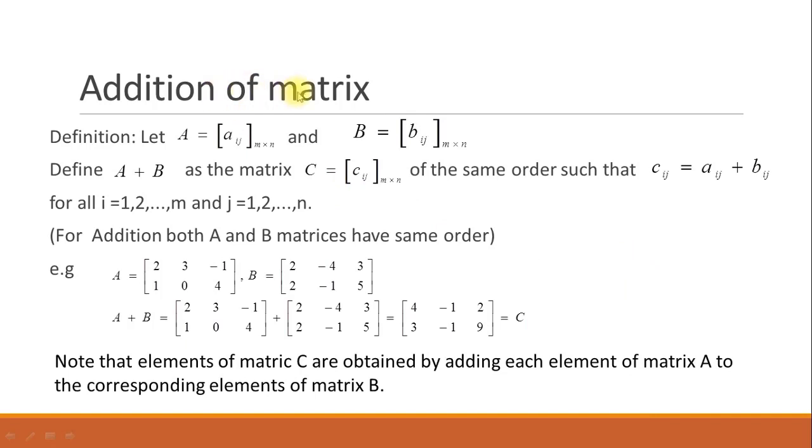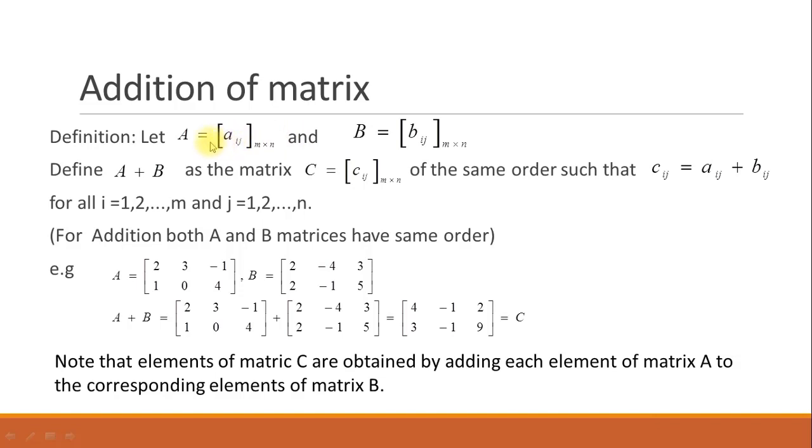Now, addition of matrices. When can we add two matrices and how to add two matrices? For addition of two matrices, the order of the matrices will be the same.